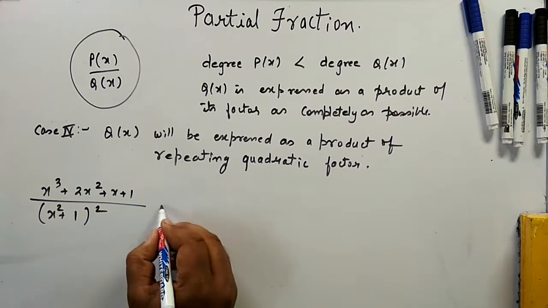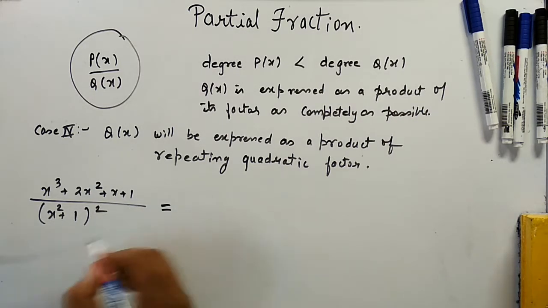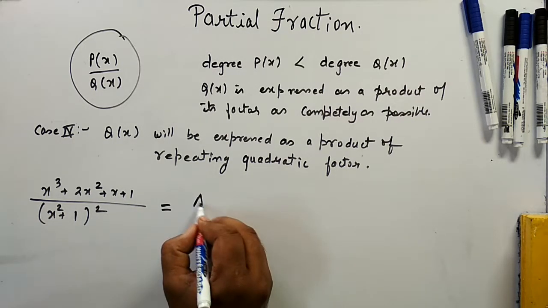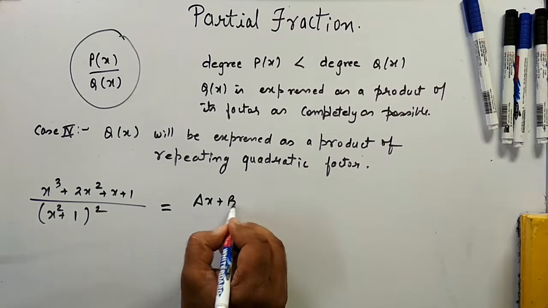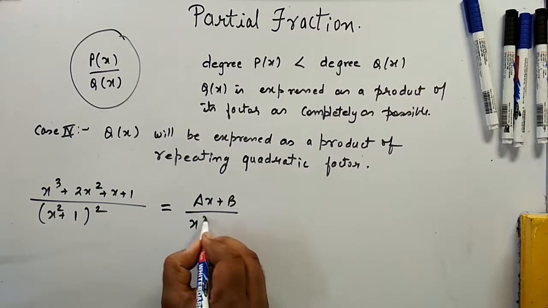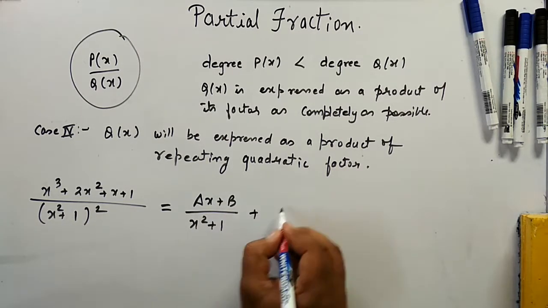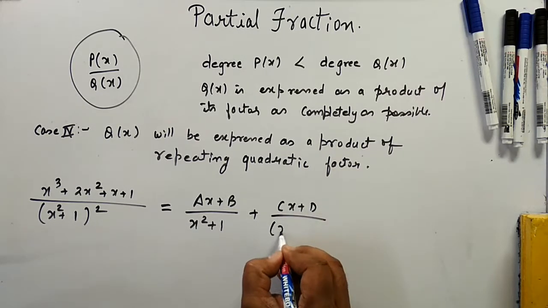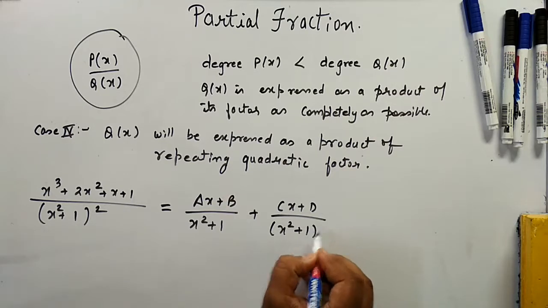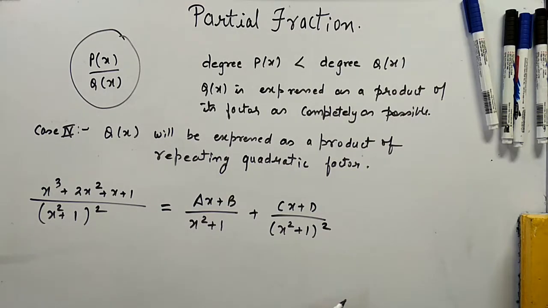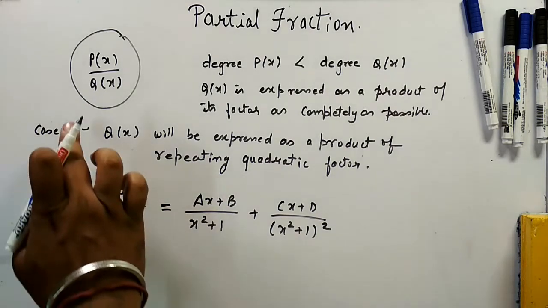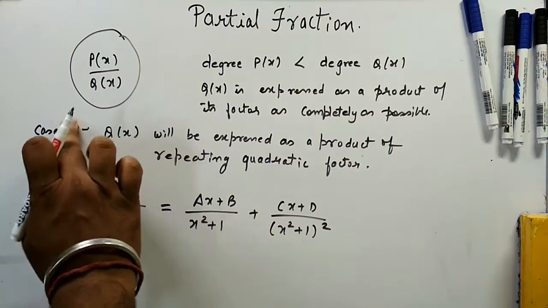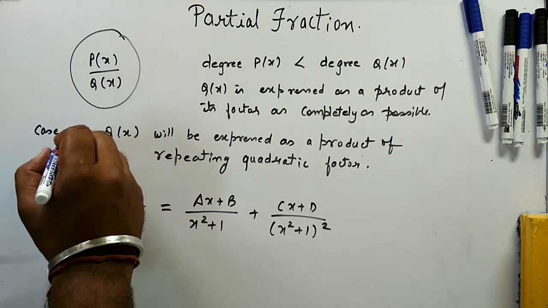Okay, so the partial fraction form of this would be equal to ax plus b by x square plus 1 plus cx plus d by x square plus 1 whole square. Okay, this was the fifth type.